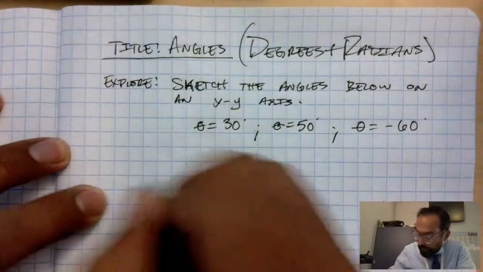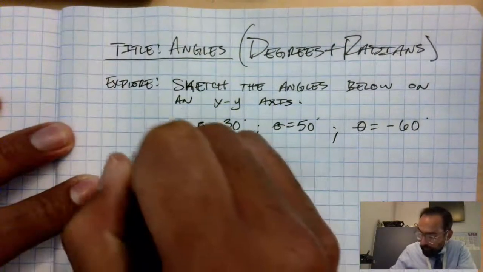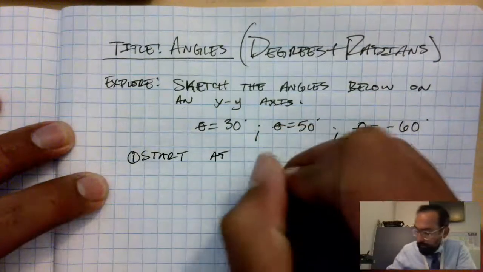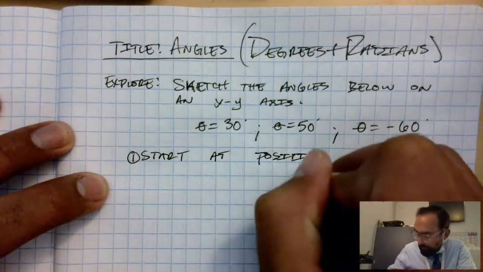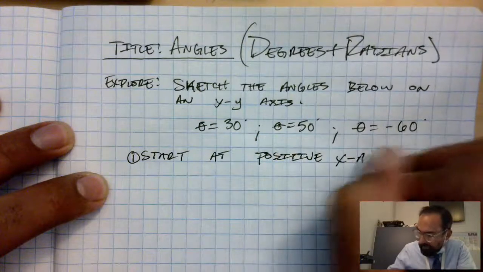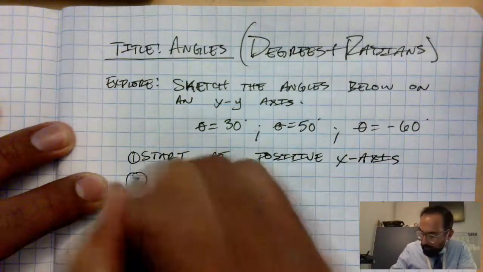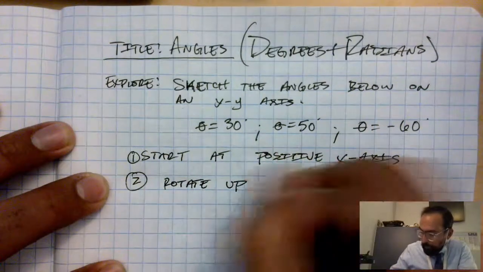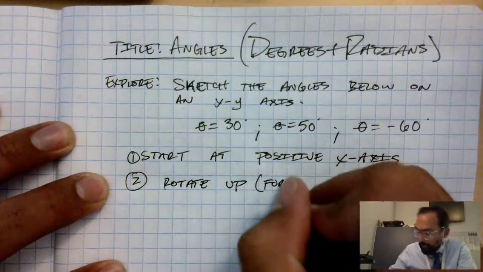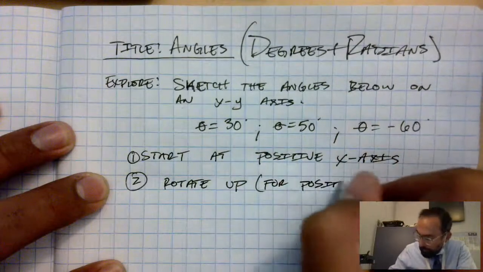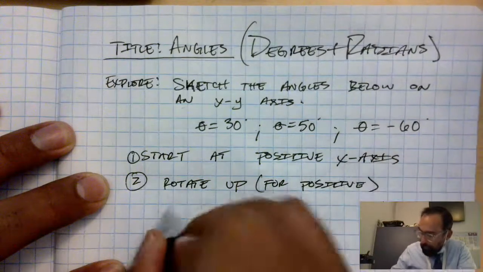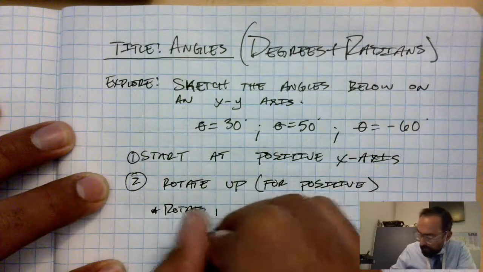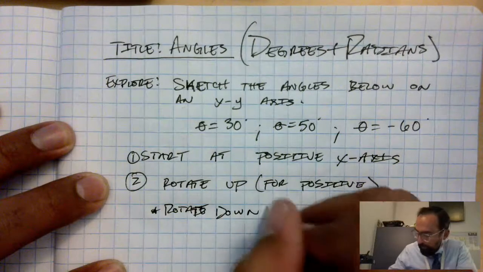To sketch an angle, you want to start at the positive x-axis, and then rotate up for positive angles, and rotate down for negatives.